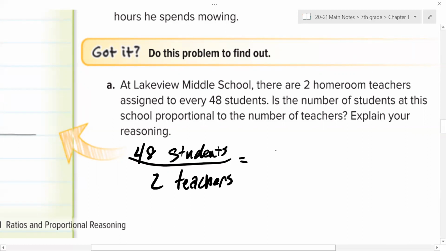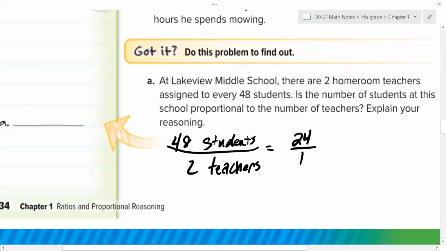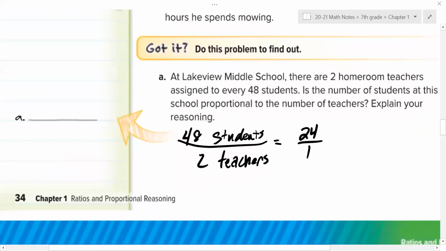To reduce that, it's 24 to 1. And is that proportional? Yes, it would be proportional because 48 for 2 teachers is the same thing as 24 per teacher. So yes, proportional.